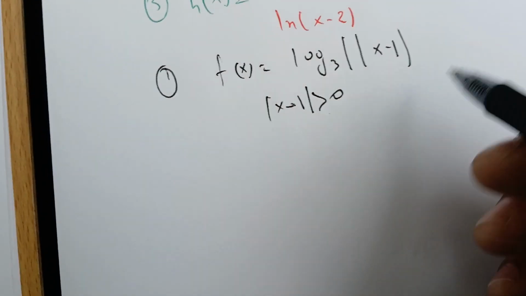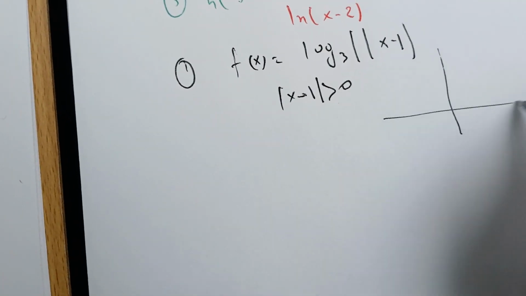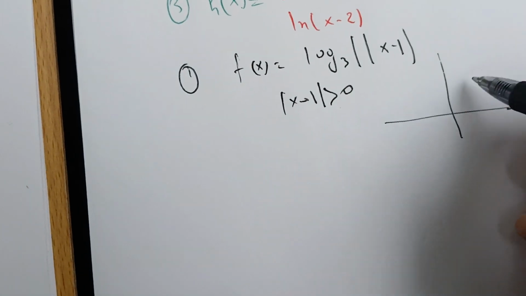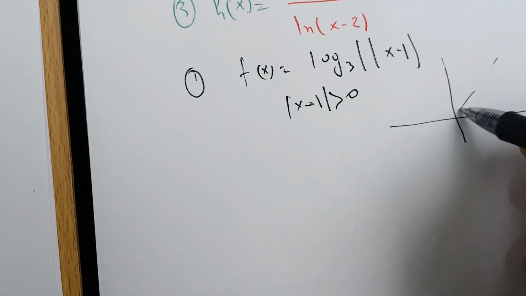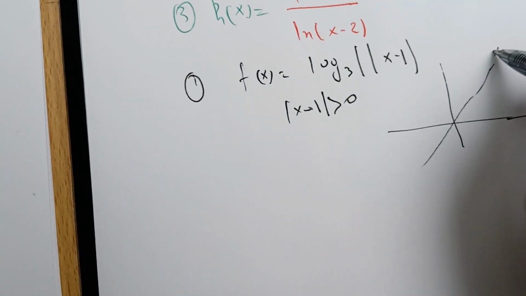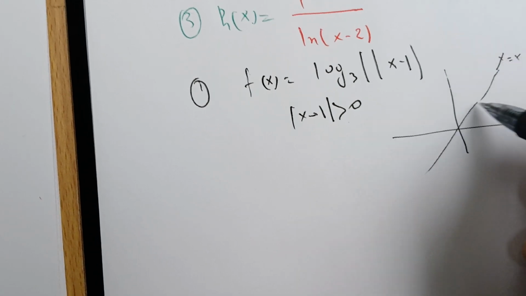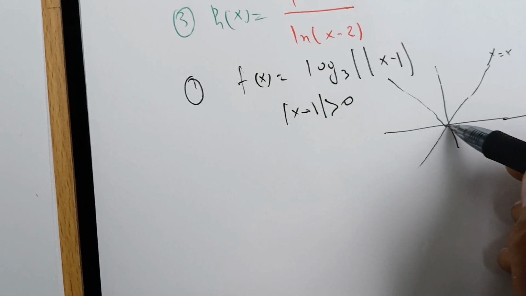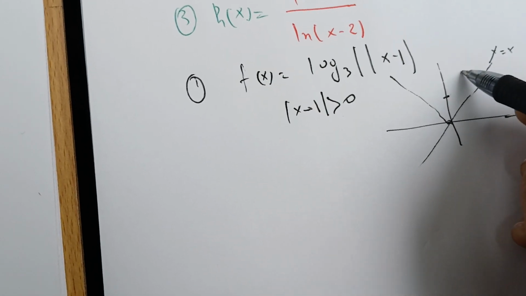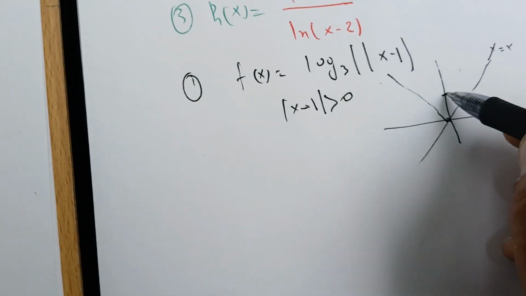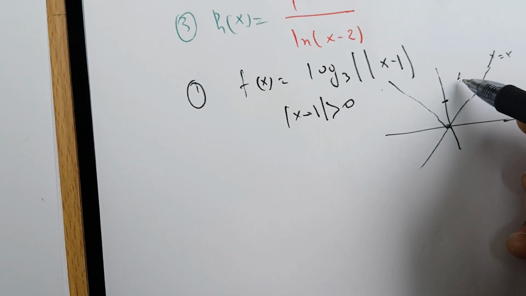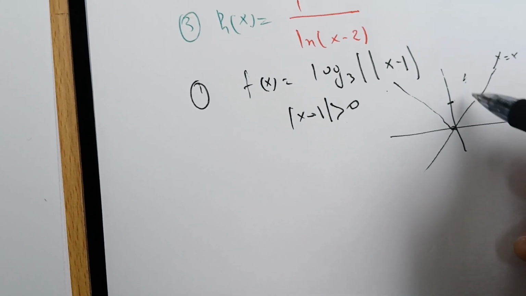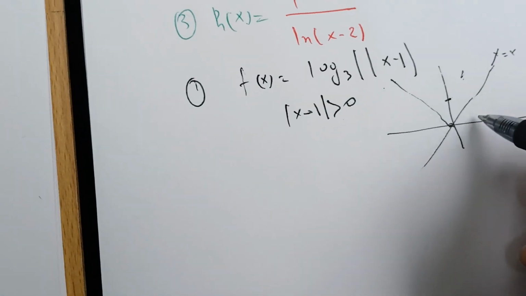For this one, I think sketching the graph would help us a lot. The base function here is y equals x, and the absolute value of x is this one. If we shift this one by 1 unit to the right, sorry, x minus 1, to the right.